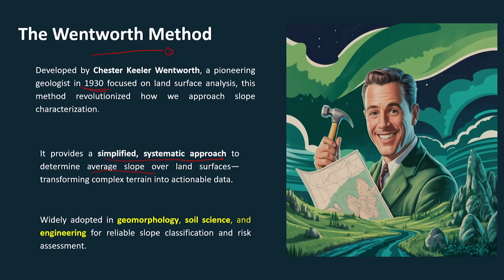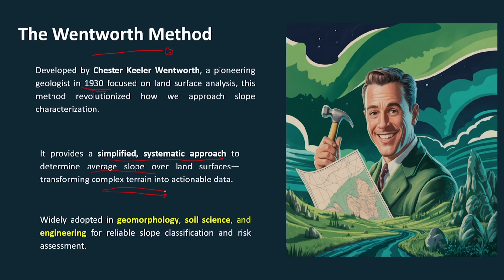Compared to other methods in existence, Wentworth's method looks at providing an overall or an average picture of what the slope looks like. Here, the goal was to provide simplified information, that means data which could easily be used or transferred to make informed decisions about complex terrains.